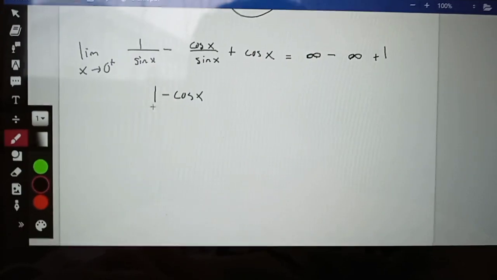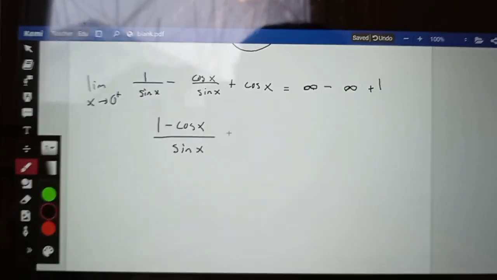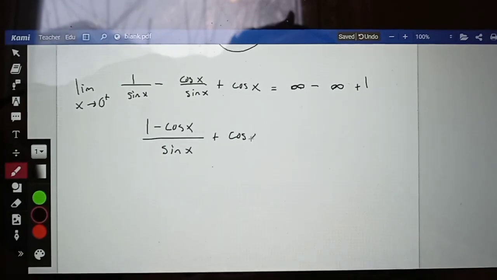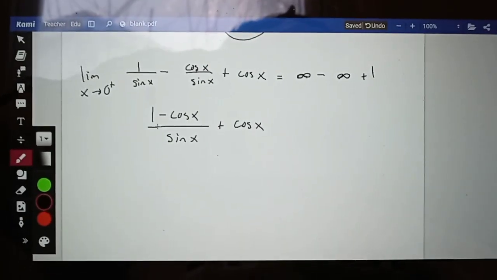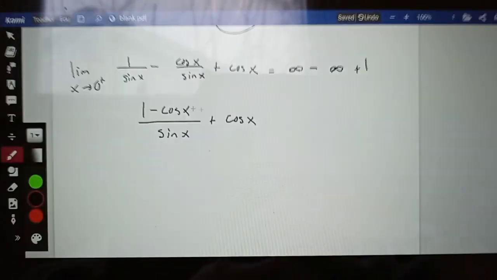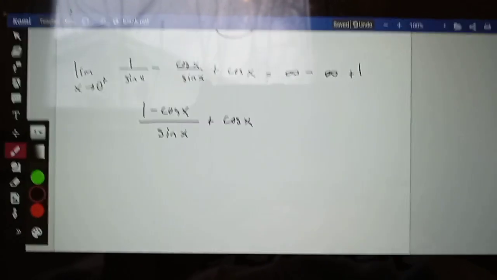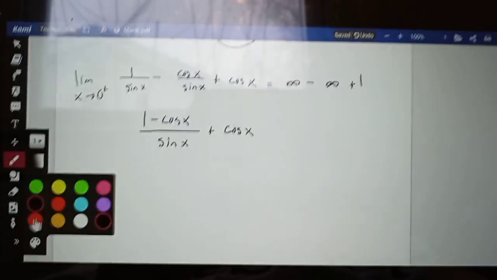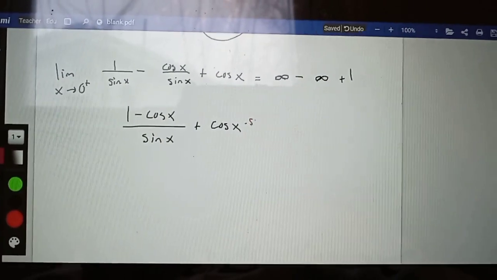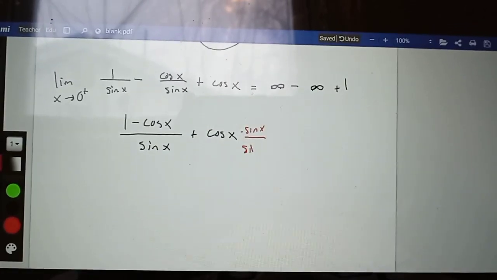So you have 1 minus cosine of x over sine of x, but did you combine this one as well? Oh, no. Okay, so that's the issue, right? I have plus cosine of x here. So what I need to do is combine this fraction into this fraction over here. So that means I've got to multiply by sine over sine.